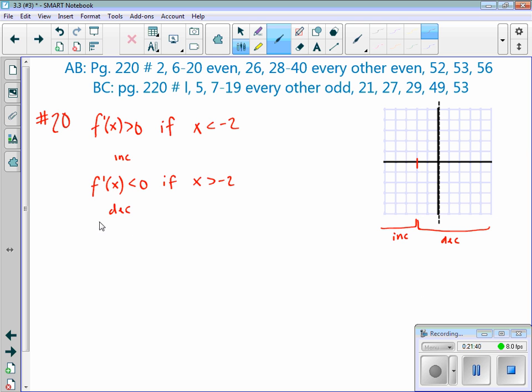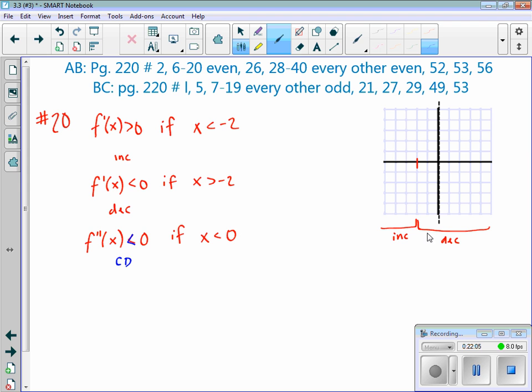And then we've got the second derivative. What does the second derivative tell me? Second derivative tells you the what? Concavity, right? So it should be concave up or down if it's less than 0? Down.